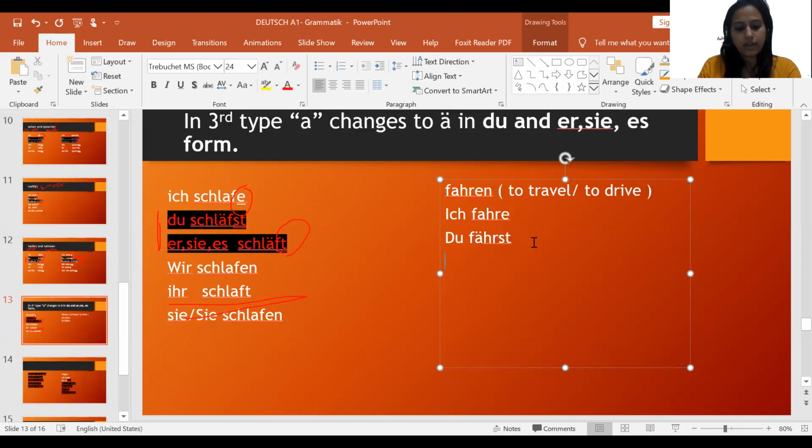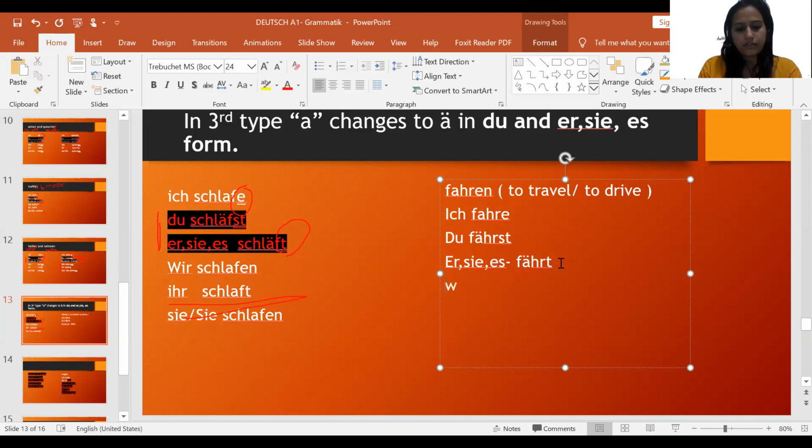And then you have er/sie/es, where you also have to change to a umlaut.